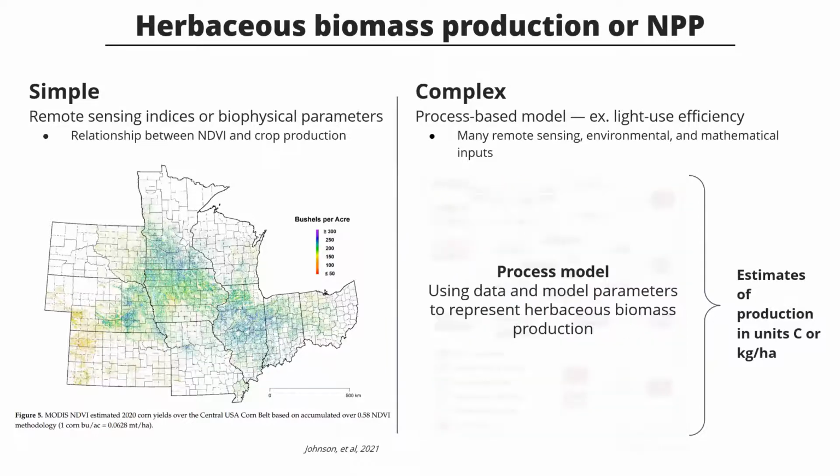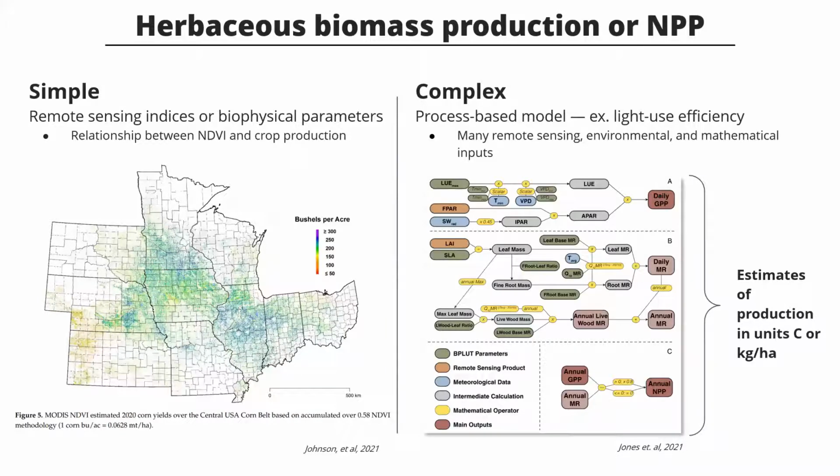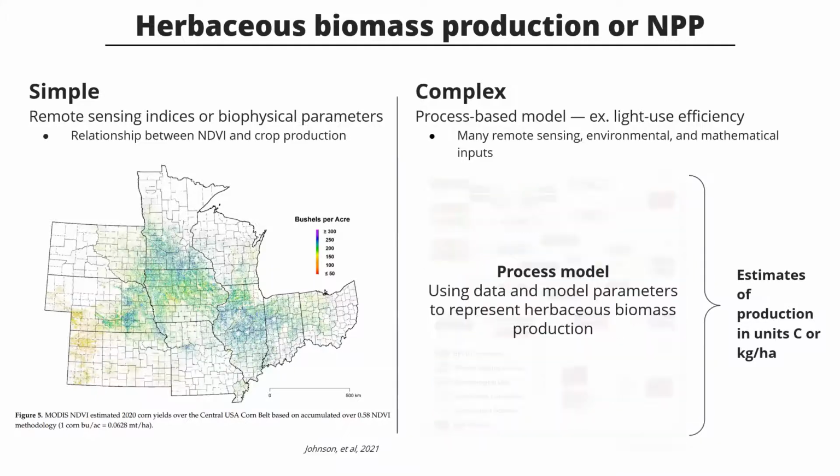But if you just think back to before in the vegetation cover data, we were using these machine learning models to find relationships between two different data sets, the satellite data and the field data. Here, what this complicated diagram is showing you is basically a way of representing the process of biomass production using data. And so it's considered a process model.